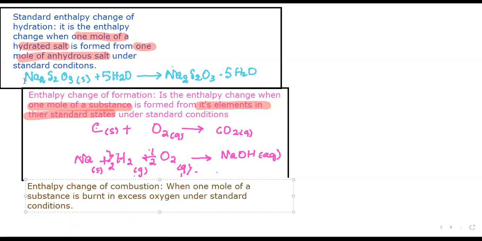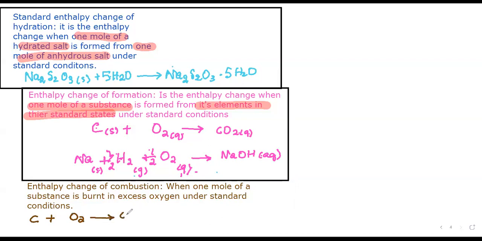What do we mean by it? It is quite simple. If I take my carbon and burn it in excess oxygen, I get carbon dioxide.